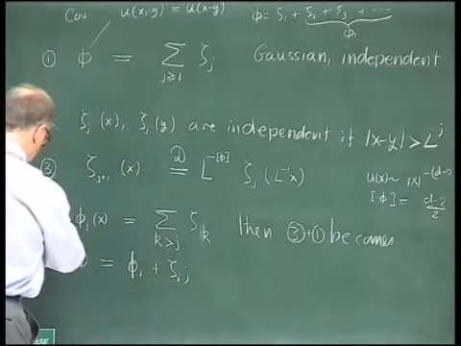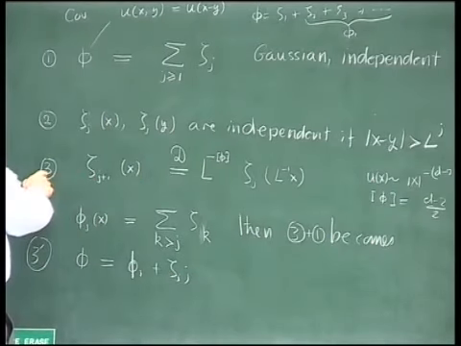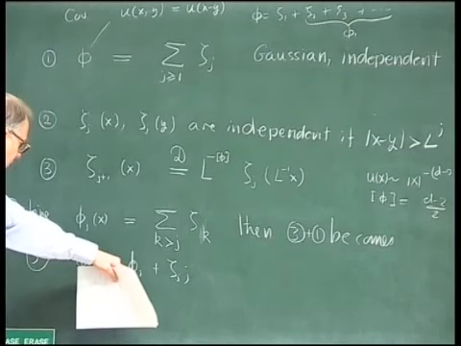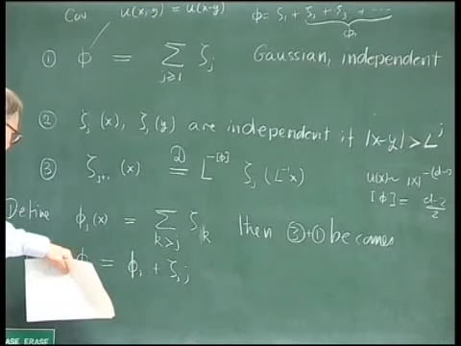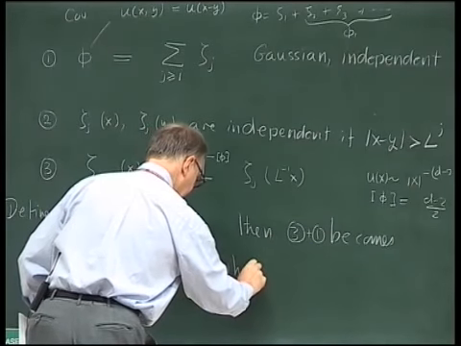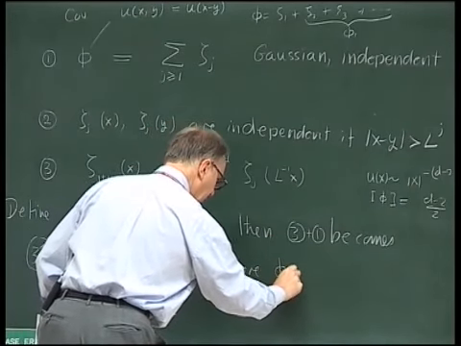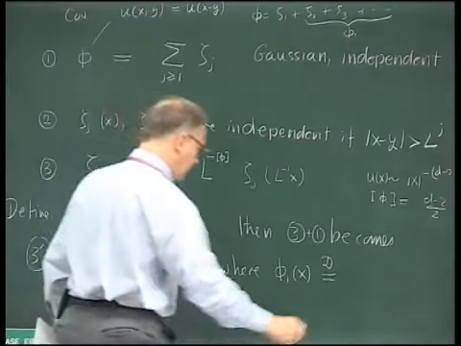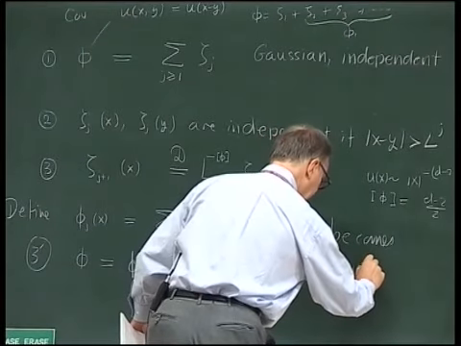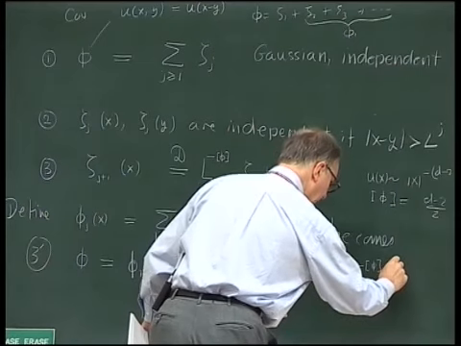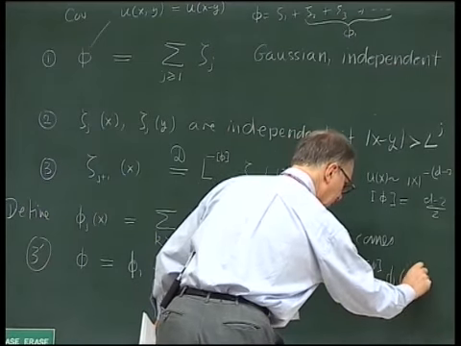And then this last condition 3 here is telling you that phi 1 is, up to a scaling, the same as the field phi. So phi 1 of x in distribution has the same probability law as L to the minus phi, box phi, L inverse of x.